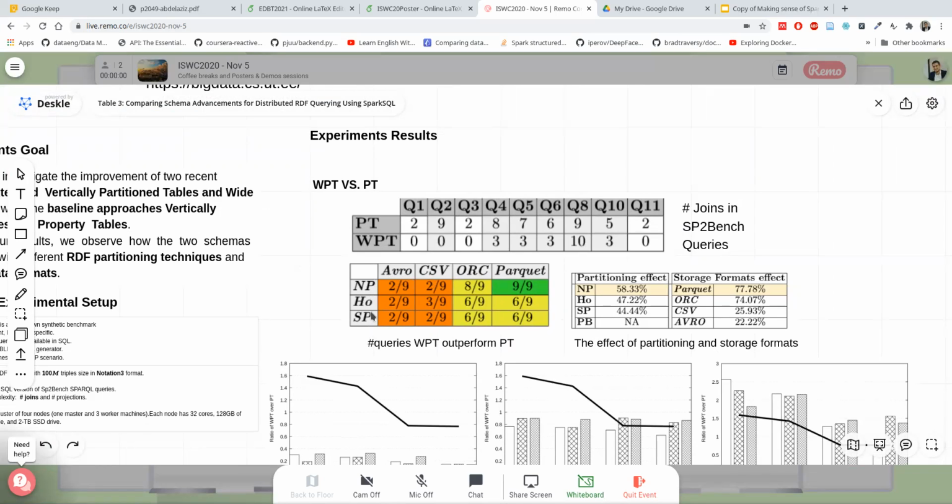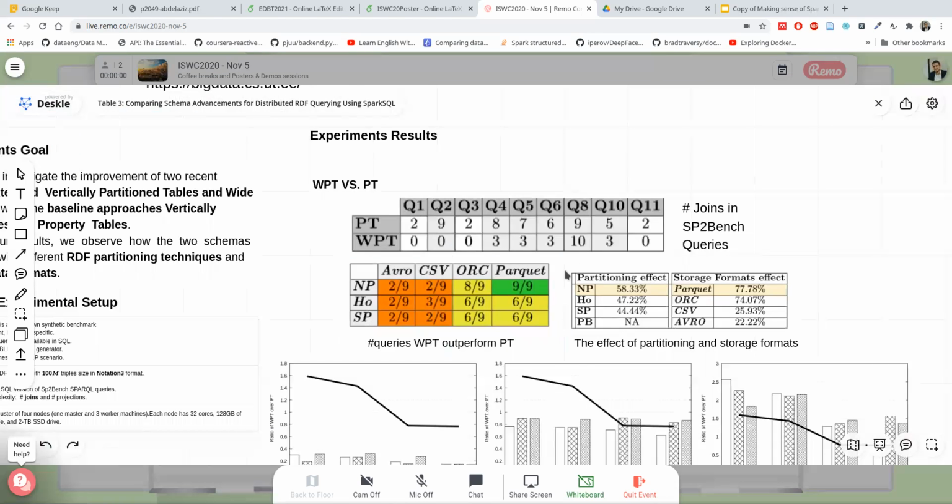The experiment's results confirm that WPT outperforms the baseline PT schema in all queries, 9 out of 9, using the baseline configuration, Parquet and the non-partitioning or HDFS partitioning. However, this was not confirmed with a complex solution space of different partitioning techniques and various storage formats.